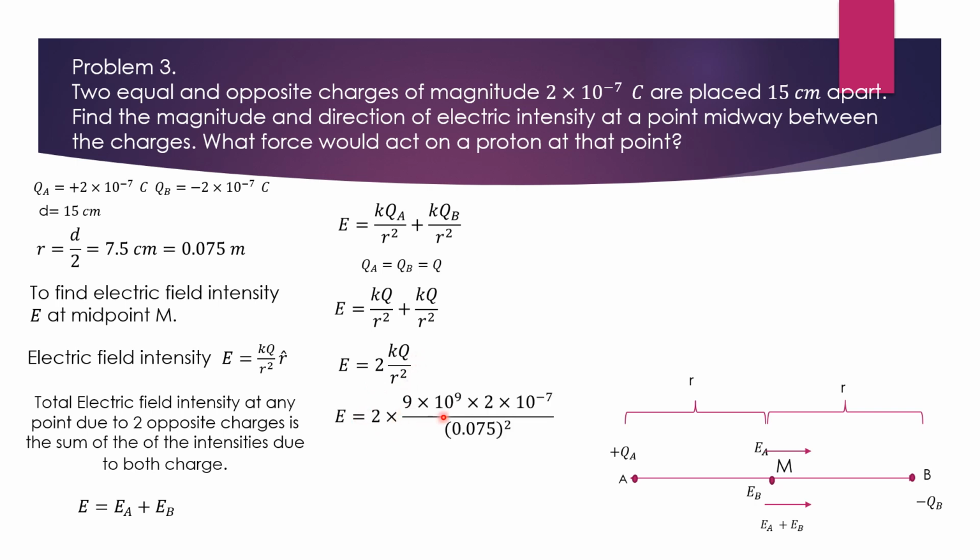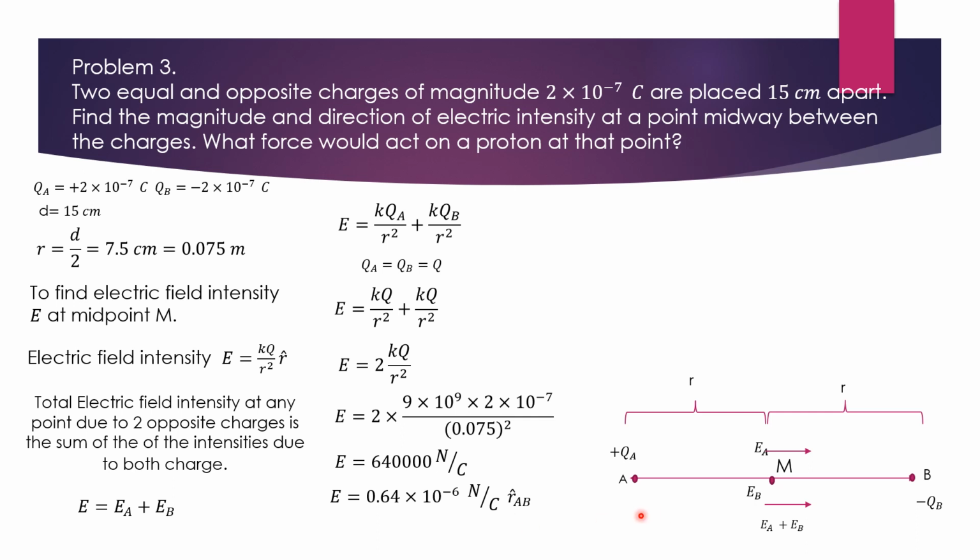Now put in the values, and that results in 640,000 Newton per coulomb. Putting it into the answer, the book answer, that is 0.64 into 10 power minus 6 newtons per coulomb, and this is the direction vector.